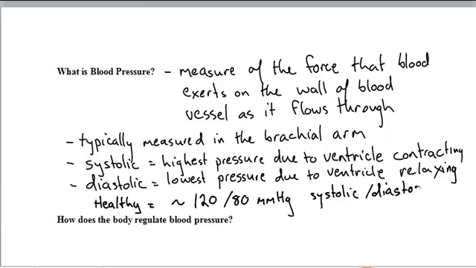Diastole, I should have said. That should not look like a T. And if your blood pressure is too low, it could be an indicator of something wrong with your health or just of severe dehydration. And if your blood pressure is too high, it could be an indicator that your blood vessels are becoming blocked and that something else is wrong with your system.